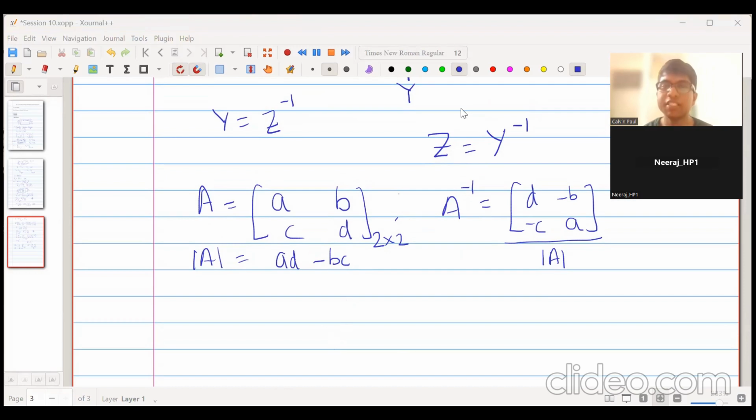So basically, you have to try to remain in touch and keep practicing and using these formulas. One way to remember these formulas is every time you use it, you write it down. So you have one sum in which you have to find the inverse of a 2 cross 2 matrix. You write down this formula, and then you substitute the values of the matrix. But the main thing is you write down the formula. Every time you write the formula, it gets into your head. The more times you use it, the less likely you are to forget it.